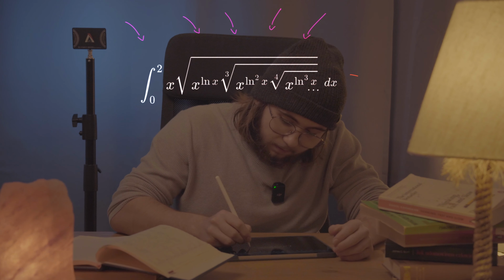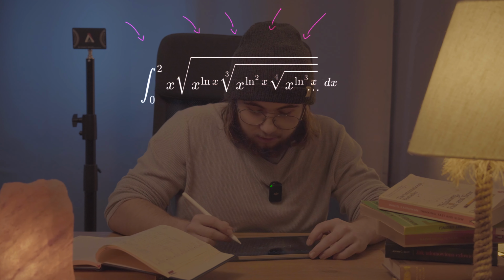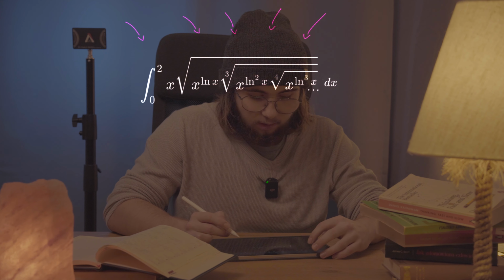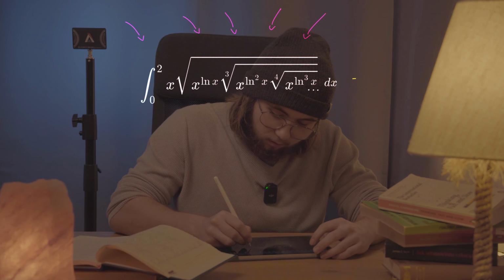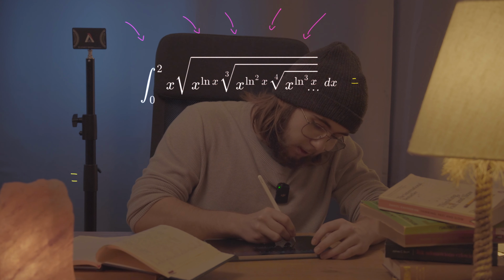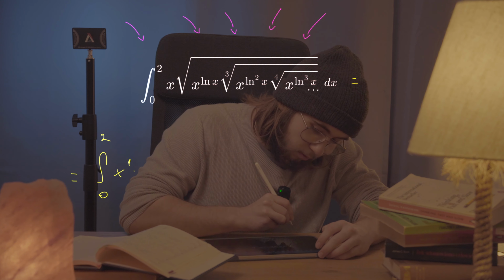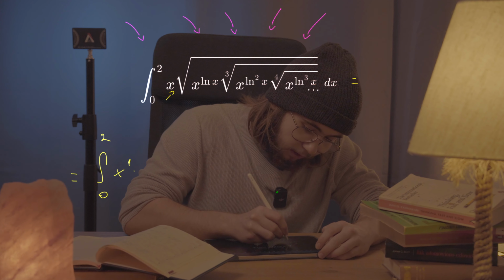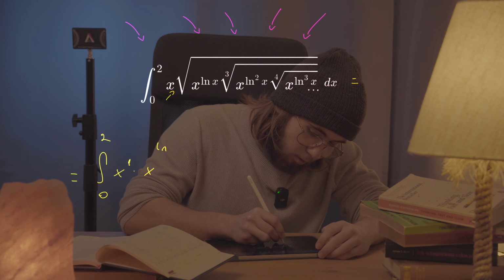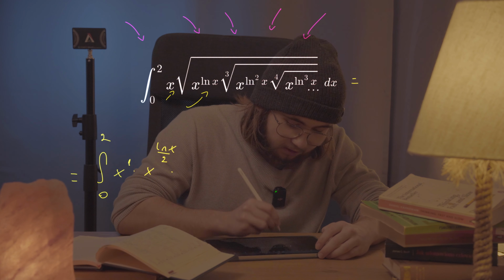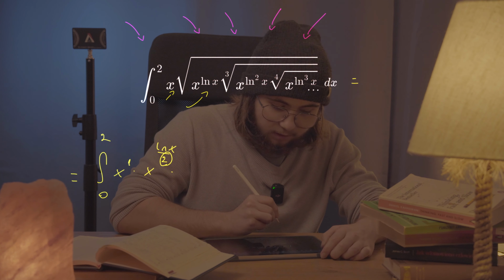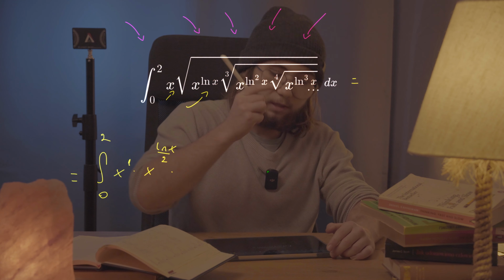How I'm going to write this integral is, first of all, I'm going to make my rubber a little bit smaller. I'm going to write it as the integral from 0 to 2 of x to the power of 1, the first x, the guy right over there, multiplied by x to the power of natural log of x all over 2. That's this guy here. He's under the square root, so I'm dividing this natural log by a 2.